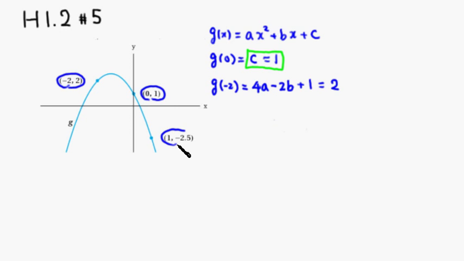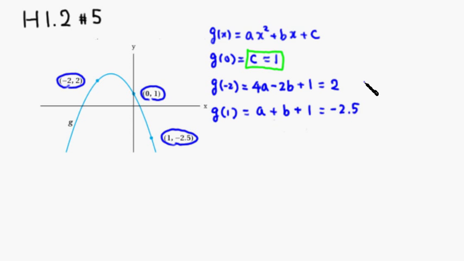Let's use the point right here. When x equals 1, g of 1 is a times 1 squared, which is just a, and b times 1, which is just b, plus c, which is 1, and this is supposed to be equal to negative 2.5.